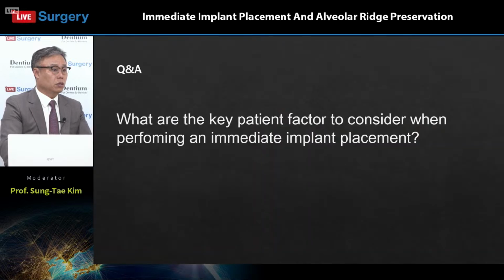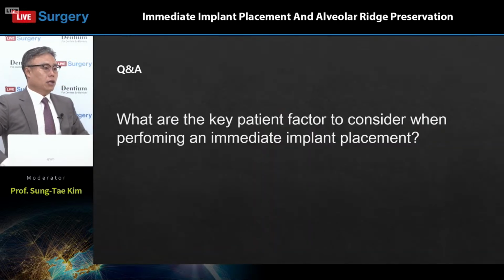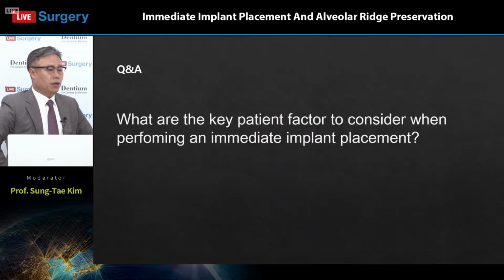That's the conclusion. So as a Q&A: what are the key patient factors to consider when performing immediate implant placement? I think, as I mentioned, there has to be a good amount of bone for getting proper initial stability, and good bone quality also. And there should not be much damage to the buccal bone.